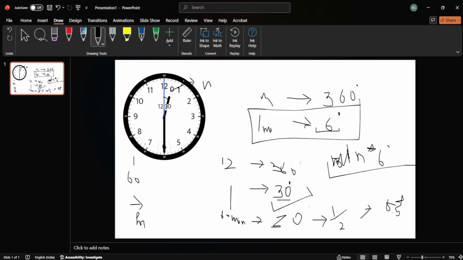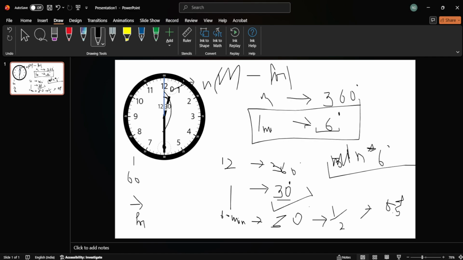After finding this, how will we calculate? We will calculate from the baseline. We will check how much the minute hand has moved and how much the hour hand has moved, and subtract them to find one angle between them.